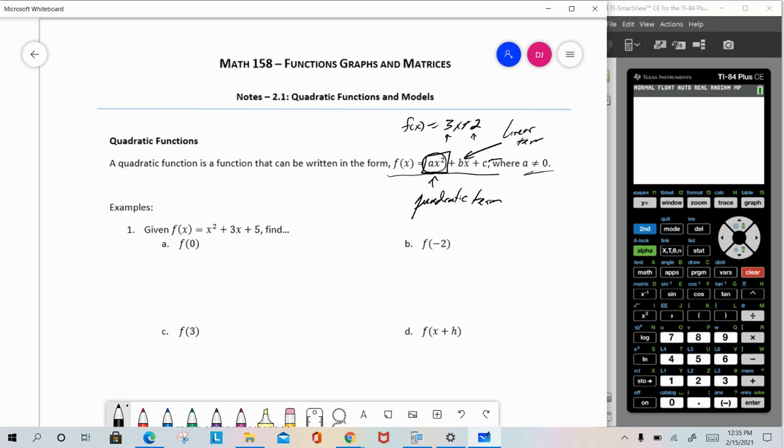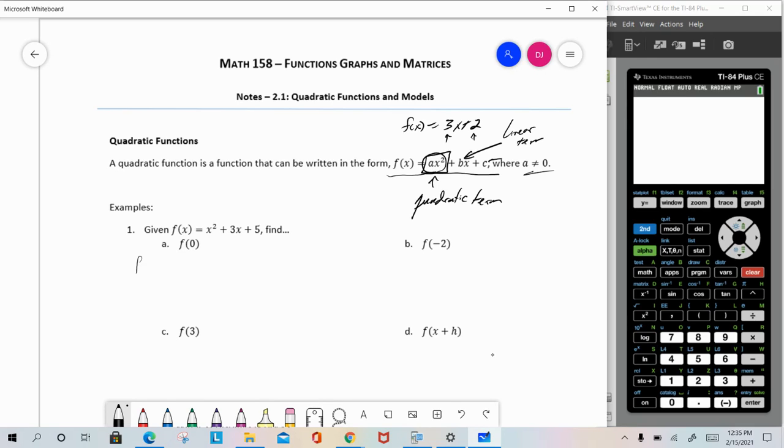Okay, so we're going to talk about just some substitution, right? So if f of x equals x squared plus 3x plus 5, how do I evaluate f of 0? How do I evaluate f of negative 2? How do I evaluate f of 3? Really, this is true for all functions.